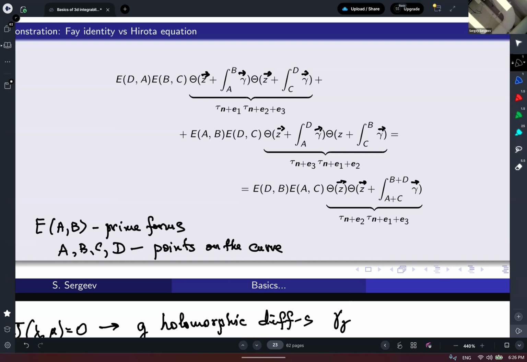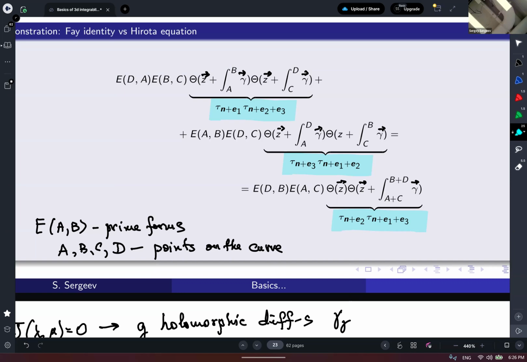And what is the advantage of the Fay identity? The Fay identity is nothing but the most general solution of the Hirota bilinear equation. The Hirota bilinear equation is written below. We simply need to identify prime forms with coefficients of the Hirota equation and integrals between points with the shifts along the three-dimensional lattice.